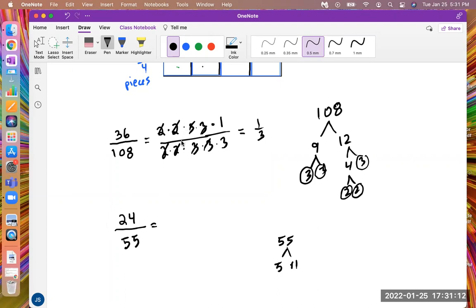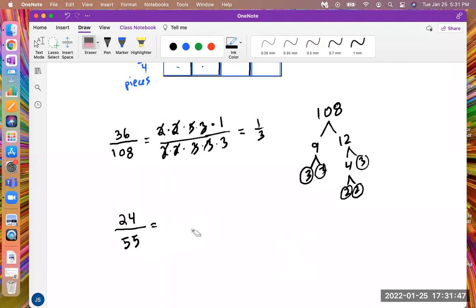Because the prime factorization of 55 is 11 and 5, the only way is if we can write 24 as 5 times something, then we could cancel those 5s. We know that's not possible. So if 5 doesn't go into 24 and 11 doesn't go into 24, I know this fraction cannot be canceled either way.